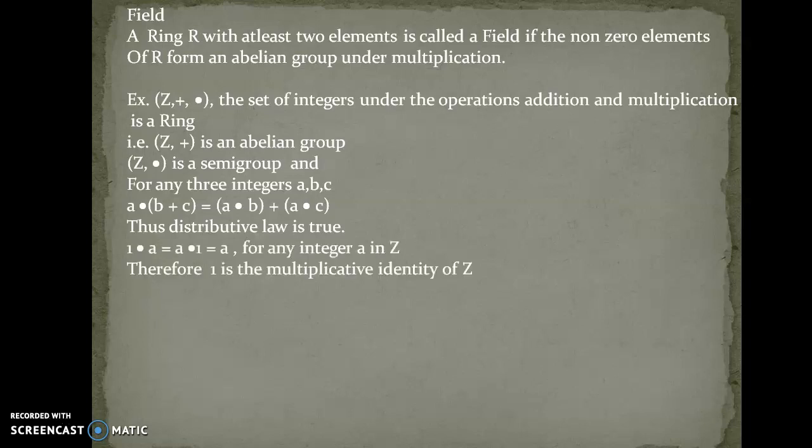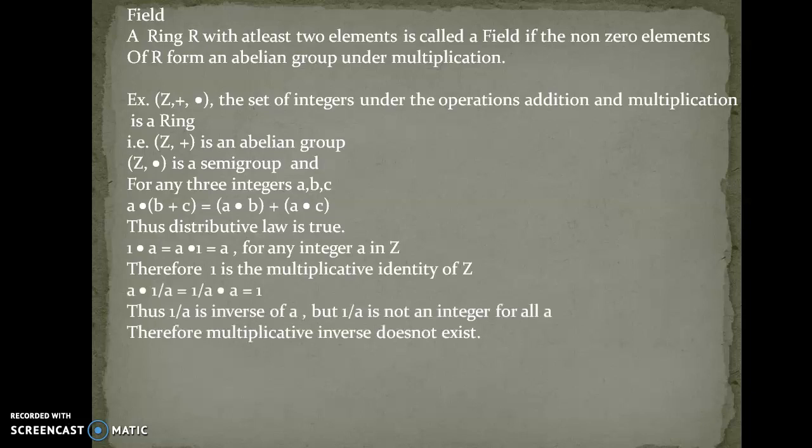So here we consider the very first case, that is, 1 becomes the multiplicative identity because multiplication of 1 with any integer gives you the same integer. Here if I consider a × 1/a, then only am I going to get the identity element, that is, the multiplicative identity of Z, and 1/a need not be an integer always, and therefore here the multiplicative inverse does not exist.